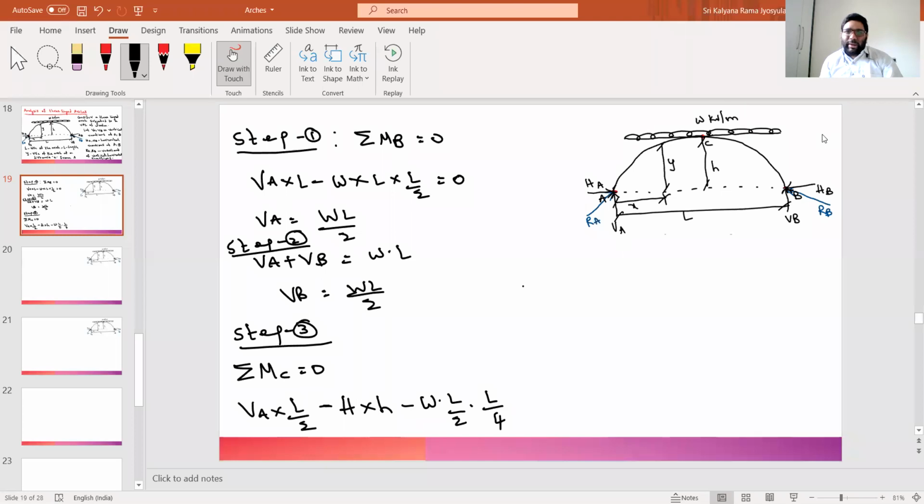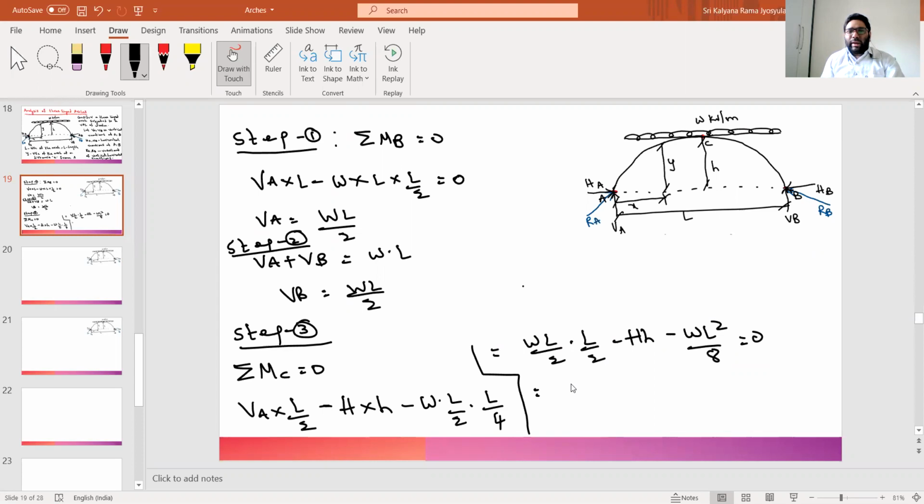So this is W into L by 2 into L by 4. We already know VA is equal to WL by 2. So WL by 2 into L by 2 minus H into h minus WL square by 8 is equal to 0. This implies H is equal to, when we take it to the other side, WL square by 8h.